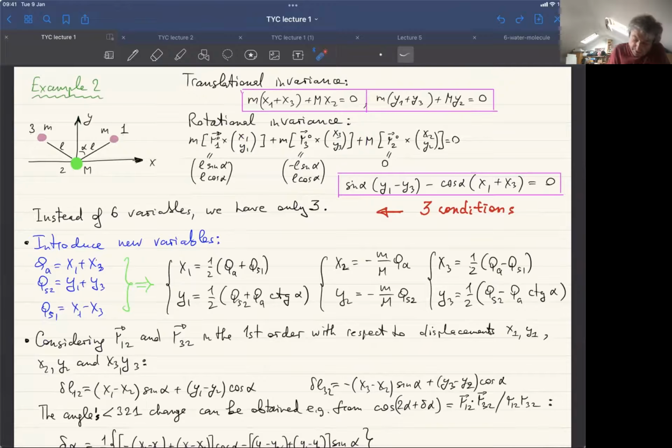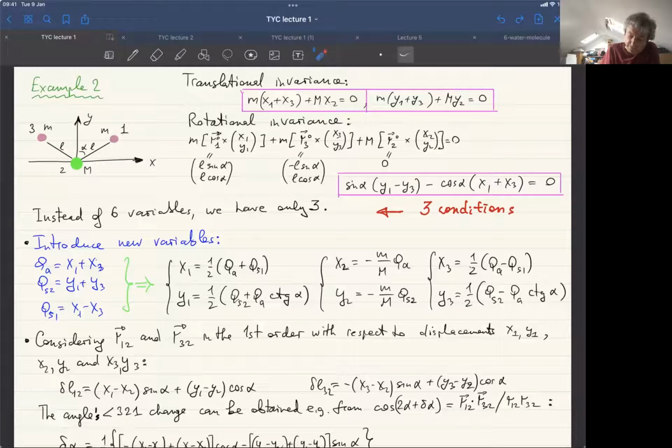Here, the atomic position at equilibrium for the oxygen, with my choice of the coordinate system, is 0. So the oxygen contribution is 0. Concerning the 2 hydrogens, one hydrogen is at a position L sin α, L cos α, where α is this angle and L is that distance, and the other at minus L sin α, L cos α, yes? And if you do this vector product, you will find that only the Z component of the vector product is non-zero. And that Z component will give rise to this equation.